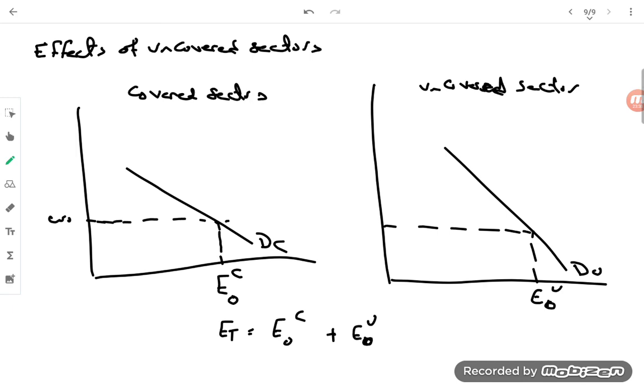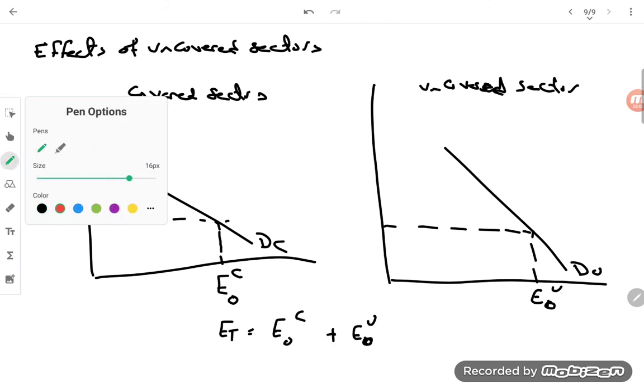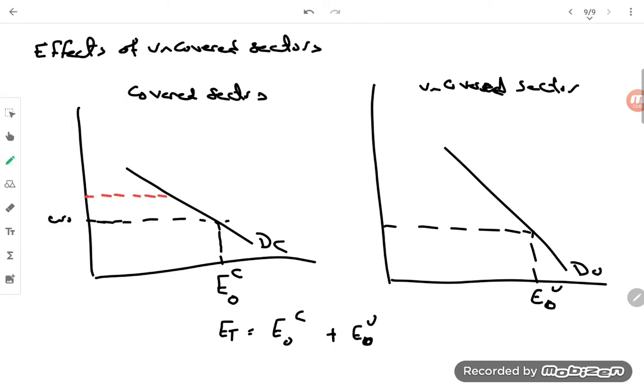Now, the government is going to apply the minimum wage rate in the covered sector. As a result, the wage rate in the covered sector will increase from W0 to W1. So W1 is the minimum wage rate. As a result, employment will be E1C. So there is a loss in employment, or employment in the covered sector decreases from E0C to E1C.